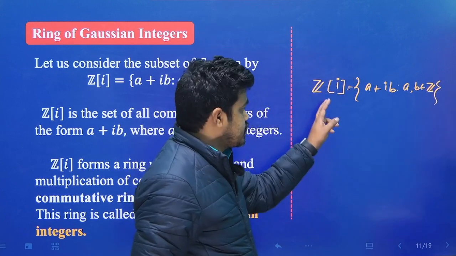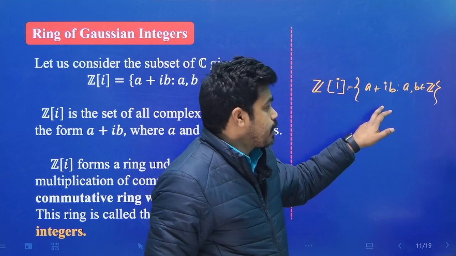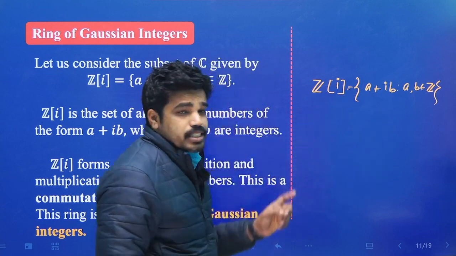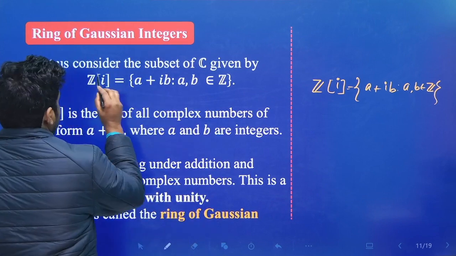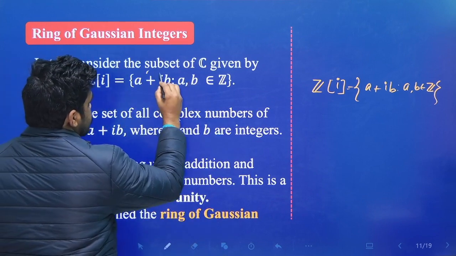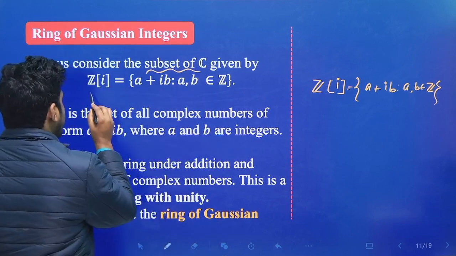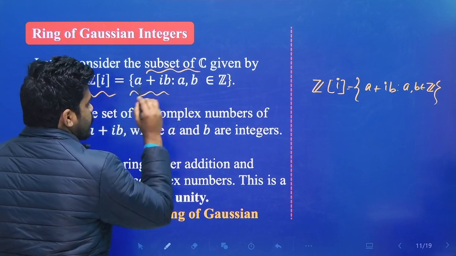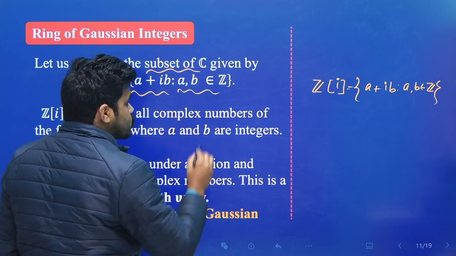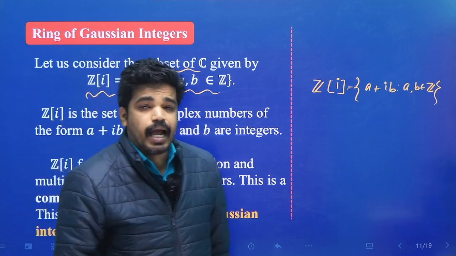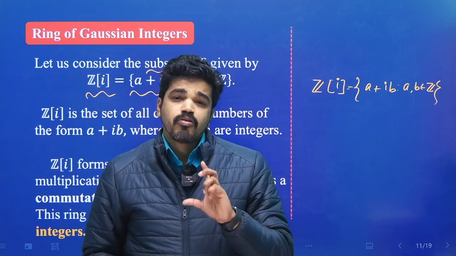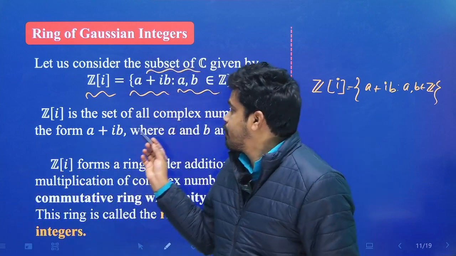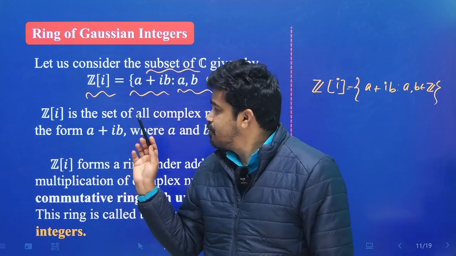Okay, Zi, A plus IB, that is a complex number, right? So that's why you say, let us consider the subset of C, the complex numbers, given by Zi equal to A plus IB, where A, B belong to Z. That means A and B are integers. So what will be the structure of the elements of Zi?